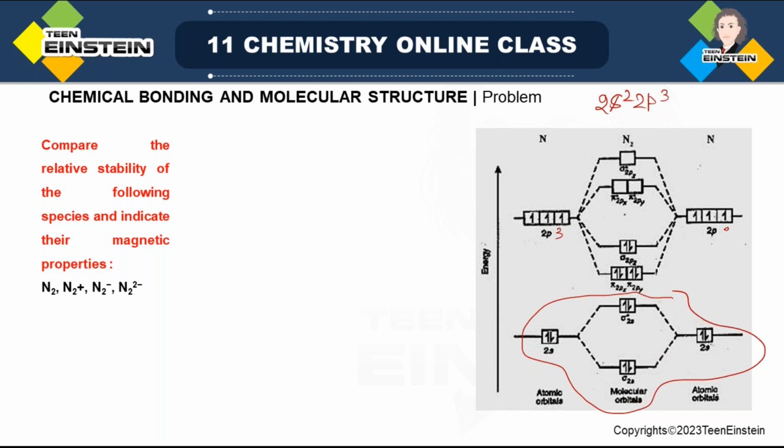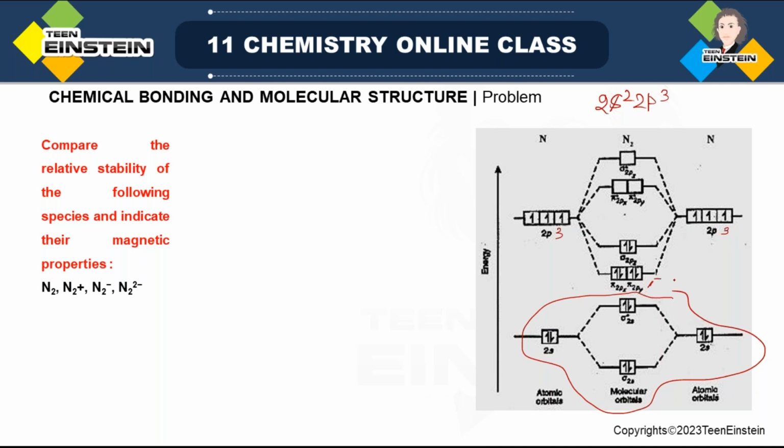So 2p3 2p3, and in this case remember there is a difference with O2. In case of O2, first there is sigma, then pi star, then sigma. But in this case, first pi, then sigma, then pi star, then sigma star. So remember this little difference. And 2p3, that means total 6 electrons you have to place.